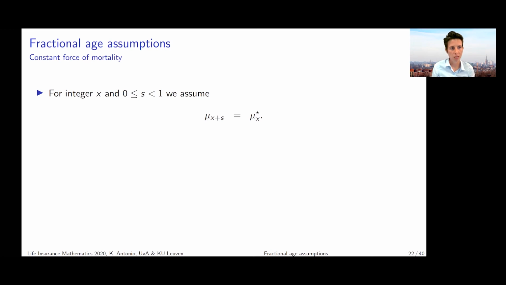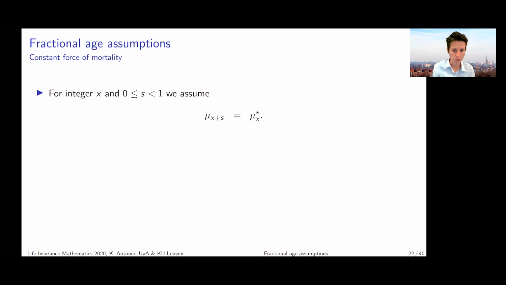So then it comes in handy to have an assumption about this piecewise constant force of mortality. In many of the publications related to building mortality models, projecting mortality, building scenarios for future mortality, this assumption of piecewise constant force of mortality will be made.